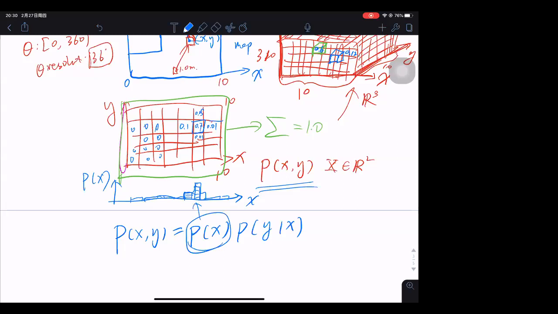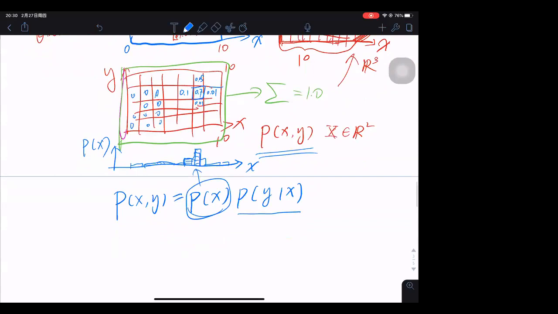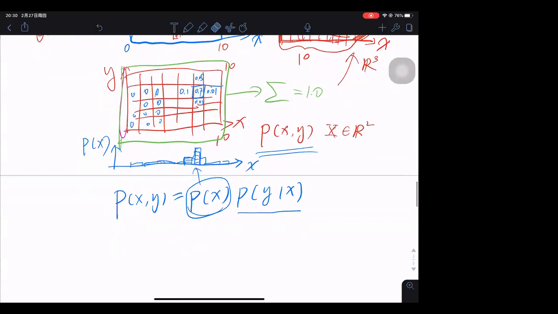And then I will look at p(y given x). That means I will take one x value, let's say x equal to 1, for example. I take out this value, taking the 1.